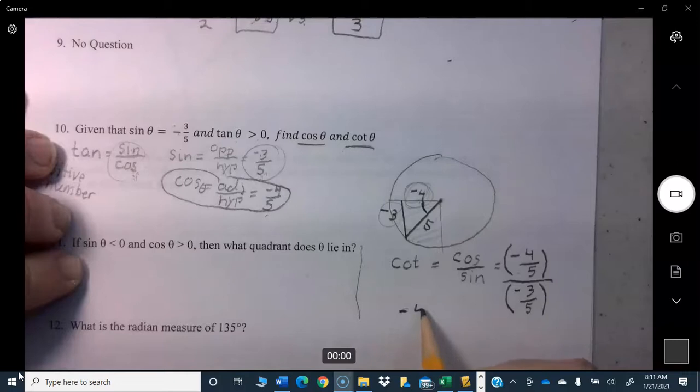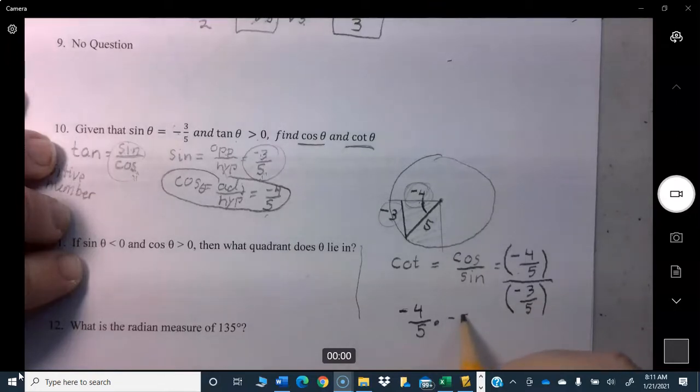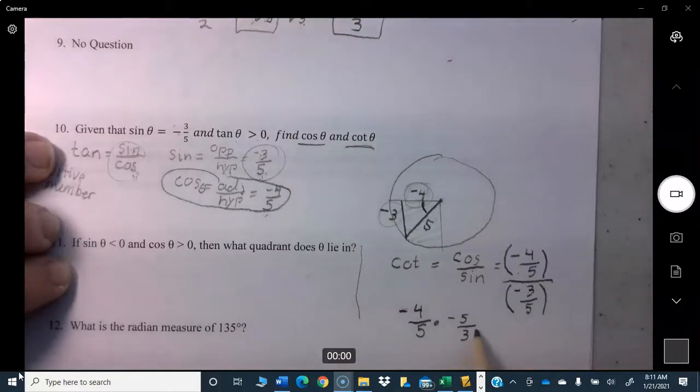You take the top, you leave it alone, -4 over 5, you multiply it by the bottom flipped over. So that's going to be -5 over 3. You flip the bottom and multiply. So the 5's cancel out. A negative times a negative is a positive. So you end up with 4 over 3 for your final answer.